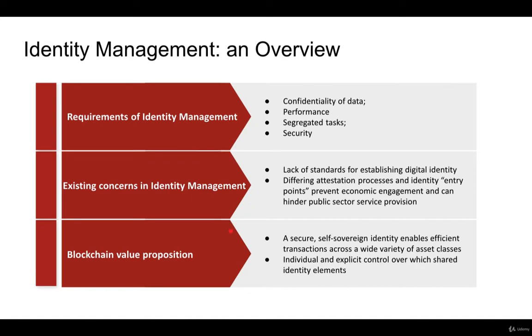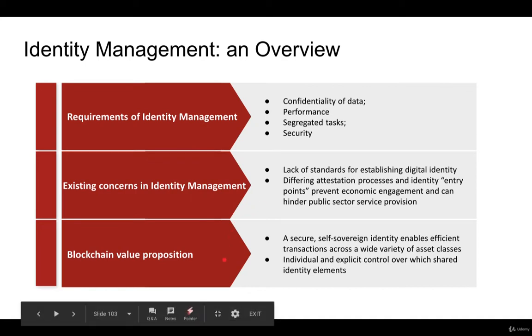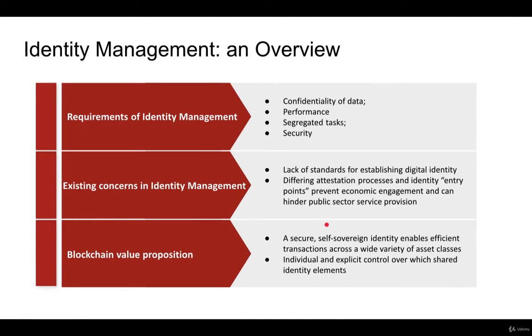Now, what does the blockchain give you? The blockchain value proposition for identity management is secure, self-sovereign identity, which enables efficient transactions across any asset class. The individual has explicit control over what is shared among the identity elements, and based on that, governments can decide what part of the data should be shared with other departments, while what should be kept private.